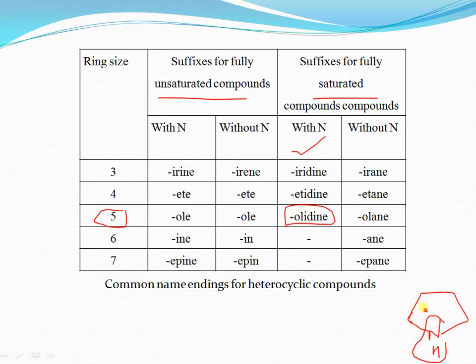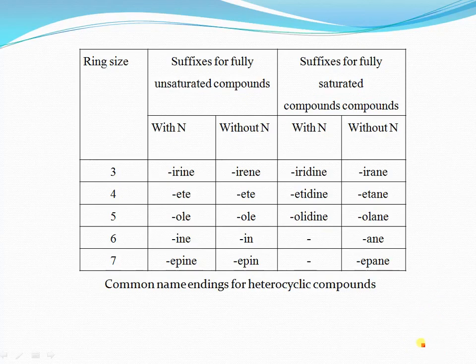When we have unsaturation at this one, containing again nitrogen, this is 1 2 3 4 and this one is 5.